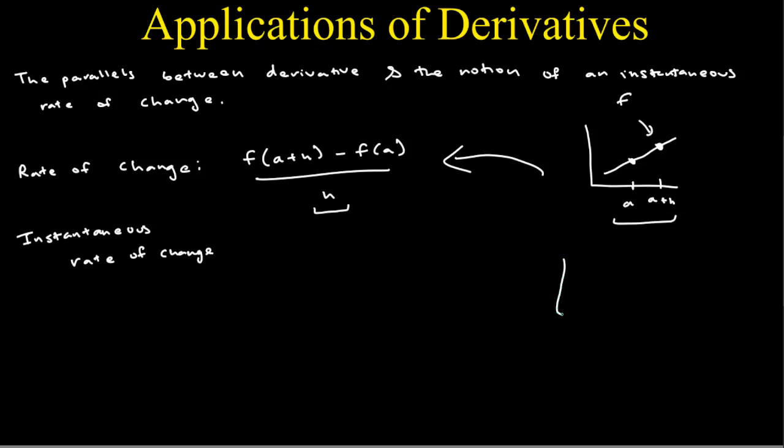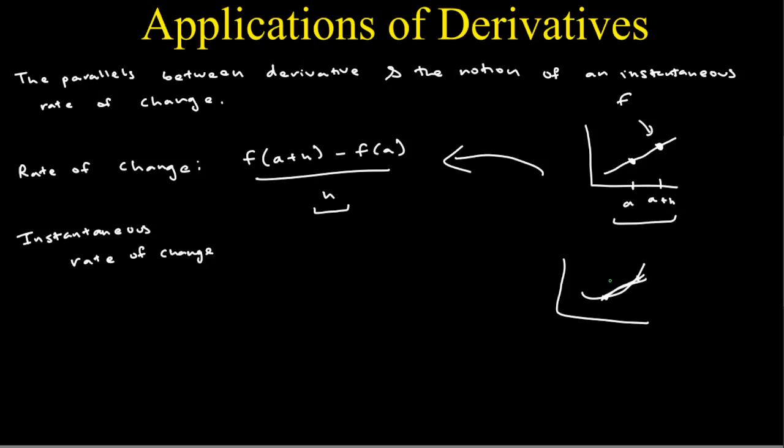Imagine we had a function like this, and the top equation, the rate of change, is the secant line through it. We can see how using the rate of change equation is not going to tell us the full picture of how things are changing at a certain point. That's where the notion of instantaneous rate of change comes in. Rate of change is useful if you want to find out how things are changing over an interval. But what if we want to know how things are changing at a specific point, right at that instant? That's when we need an instantaneous rate of change.